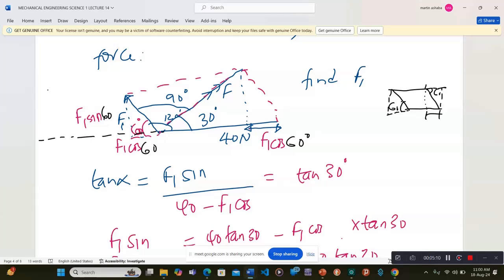So F1 sine 60, over 40 minus F1 cos 60, because we said we are interested in the distance from here to the end of the resultant. The resultant ends somewhere here.